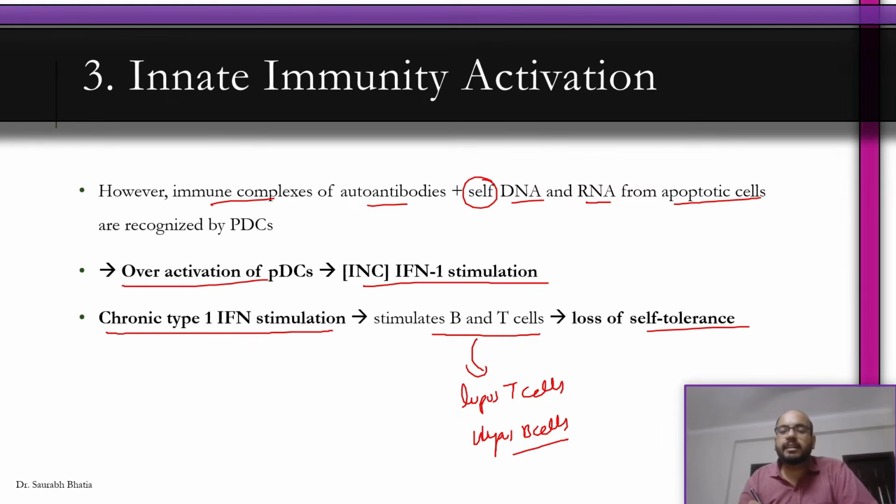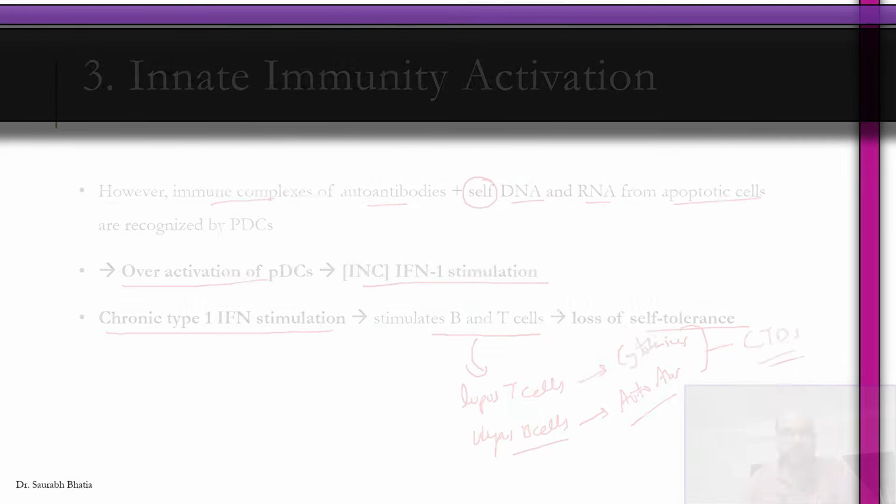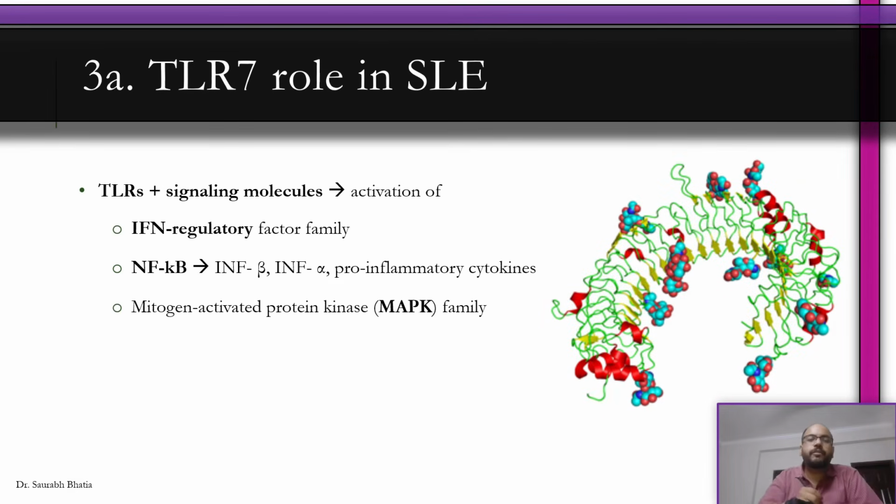T cells lead to inflammatory cytokines. B cells lead to autoantibodies, and together they lead to connective tissue disorders or autoimmune disorders like SLE. Clear? Let's move forward.